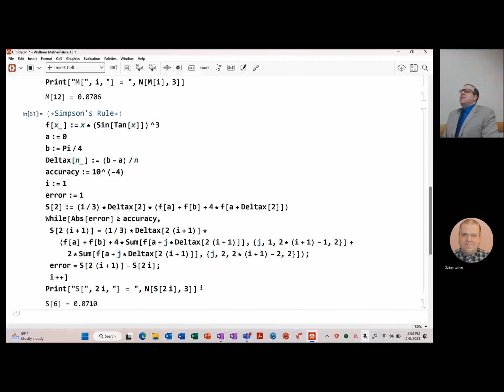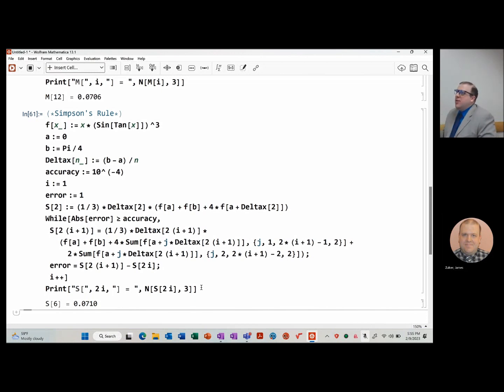Ha! Yes, victory is mine. 0.0710. Notice S only required 6 subintervals. So if you're calculating by hand, that would only have required 3 calculations, right?